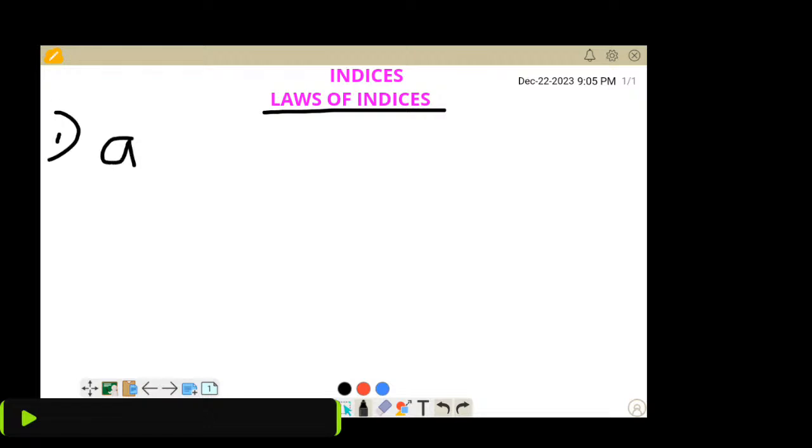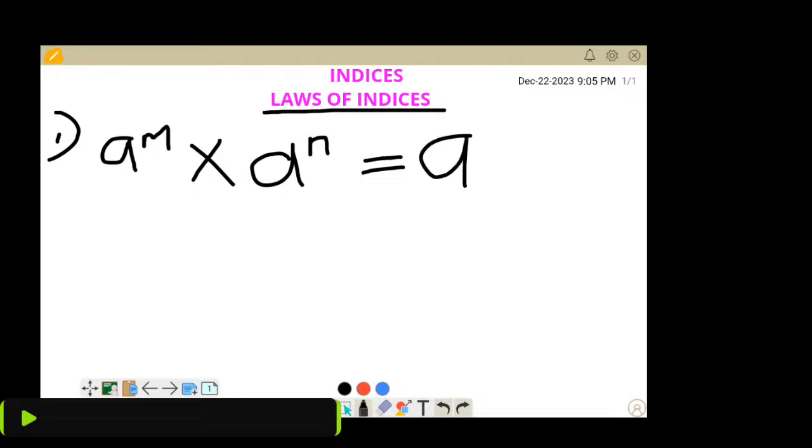Let's say we have a raised to power m multiplied by a raised to power n. This is in the form of a raised to power m plus n. Right from JSS2, when you have something like this, there's a way we approach it, but the law helps us to simplify this.